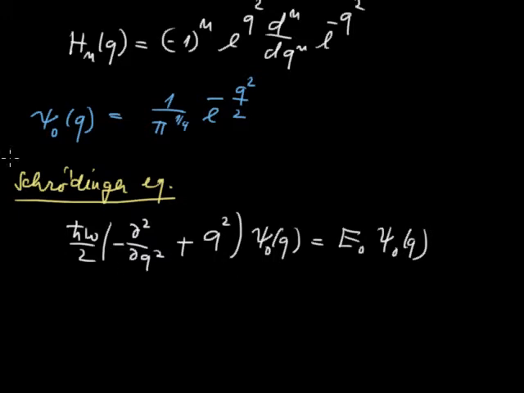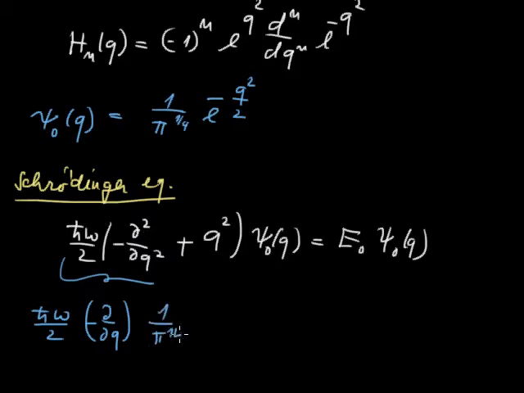So we will be looking at the left hand side first, and now the second derivative of this thing. So it's basically minus the derivative. Here we take the first derivative, so it's 1 over pi to the fourth root, minus q.